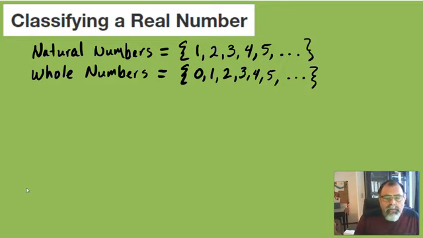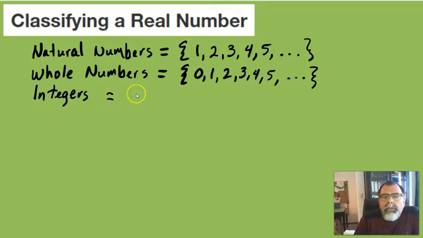Next, we wanted to introduce numbers to represent negatives, right? Owing. And so if we add the negative numbers of these, or we call them the opposites of the whole numbers, -1, -2, -3, and so on, that set gives us the integers.